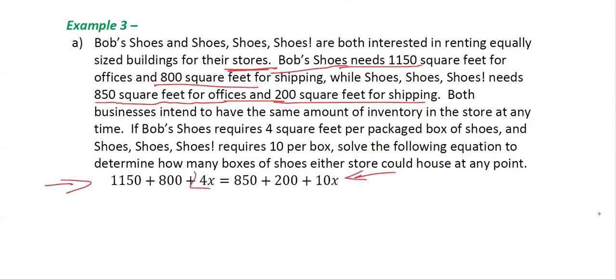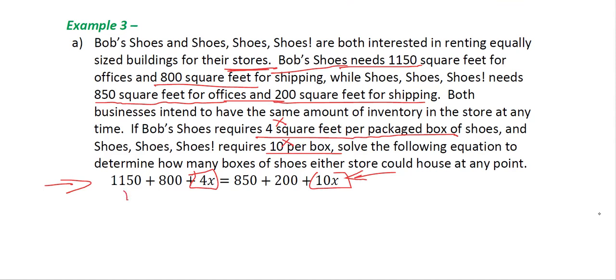Now let's talk about the 4x and the 10x, where that came from. If Bob's shoes require 4 square feet per package box, right? And that went with the first one. And it requires 10 per box. How many boxes will he need? So that's where the 4x and the 10x came from. And the 4x went with the first scenario and 10x went with the second one.